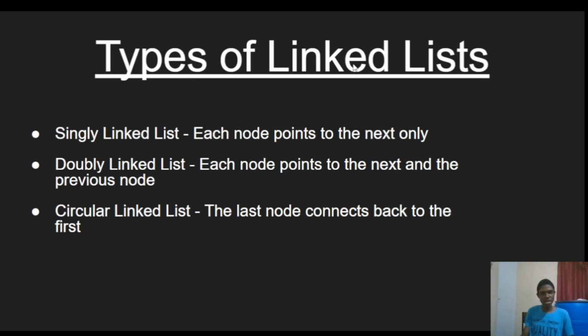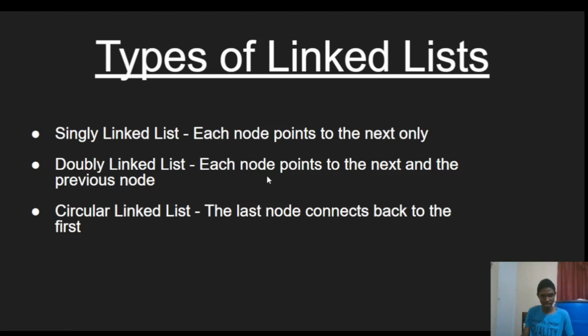Alright, so here are the types of linked lists, guys. You have single linked list, you have double linked list, and you have circular linked list. A single linked list is essentially nodes pointing to the next node only.